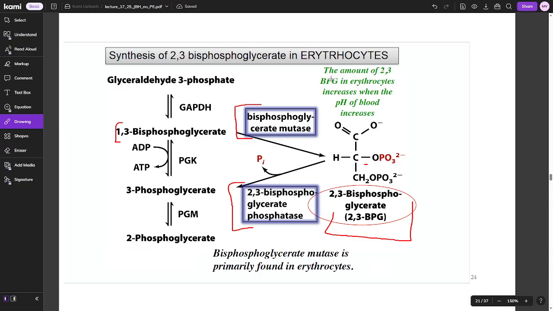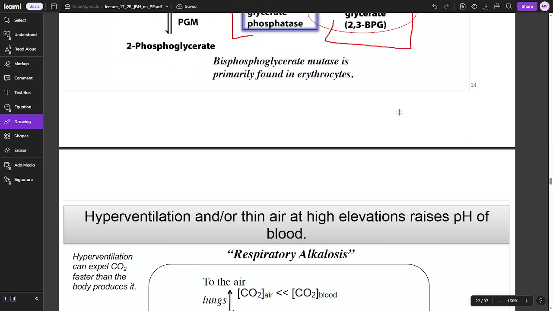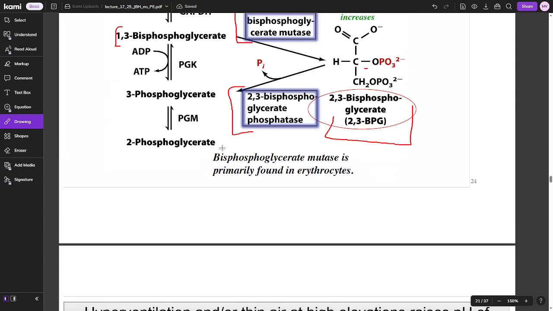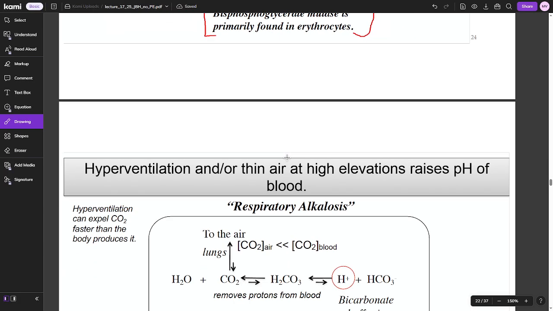Also, I do want to specify that this is usually found in the erythrocytes. I'm sure it can be found in other cells as well, but when we talk about the bisphosphoglycerate mutase, it's usually met in erythrocytes and not other cells.